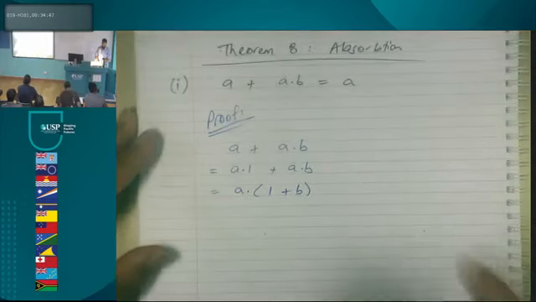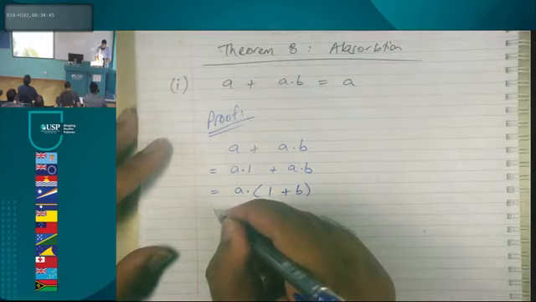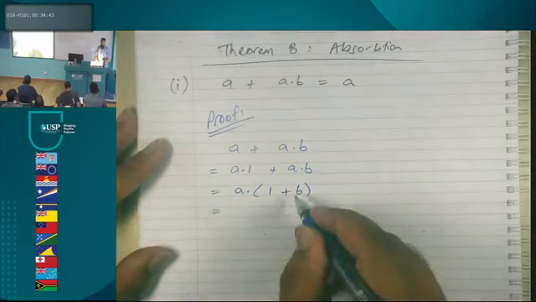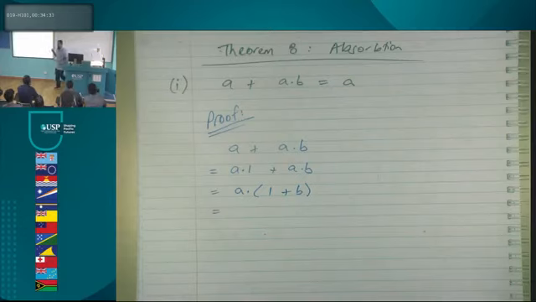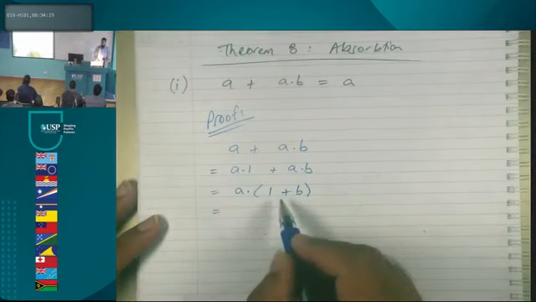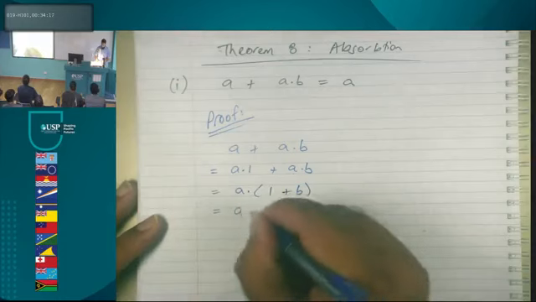Yeah. Now, then, anything ORed with a 1, according to the null element rule for the OR gate, remember the null element rule, which number was that? So, always you should remember the theorem number. Null element, I think it was 4, yeah? Null element 4 for the OR gate. Anything ORed with a 1 will give you a 1.